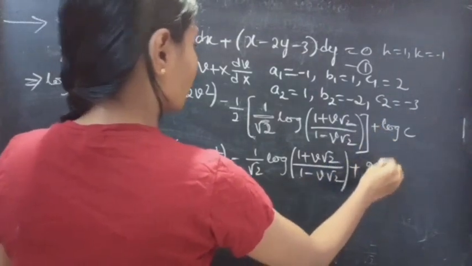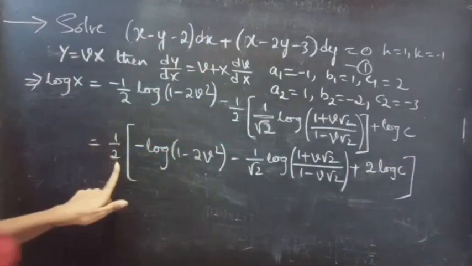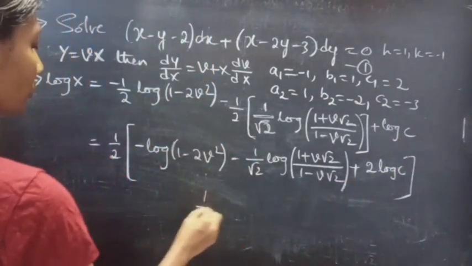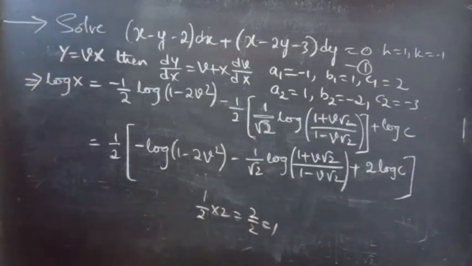So we'll include 2 log c. 1 by 2, since 1 by 2 into 2 is 2 by 2 equals to 1. Okay.